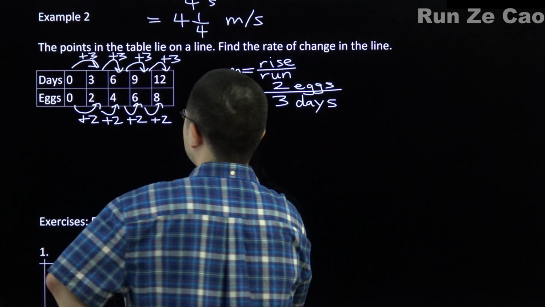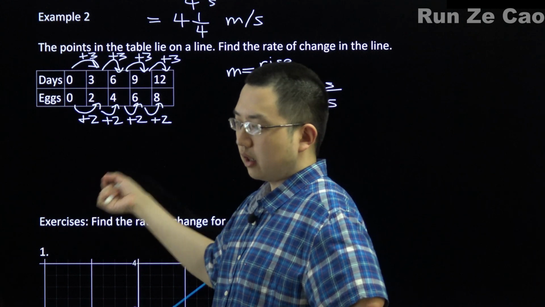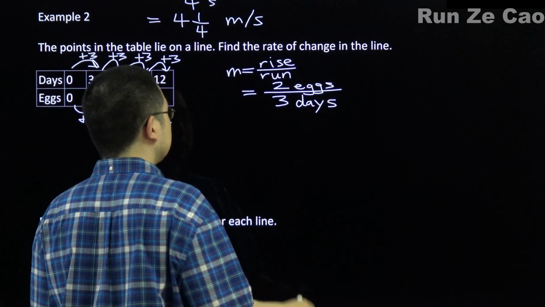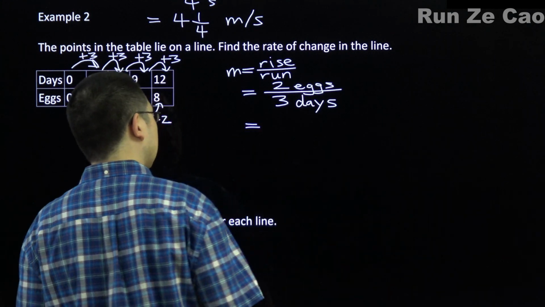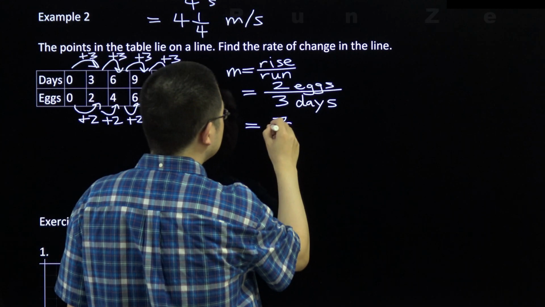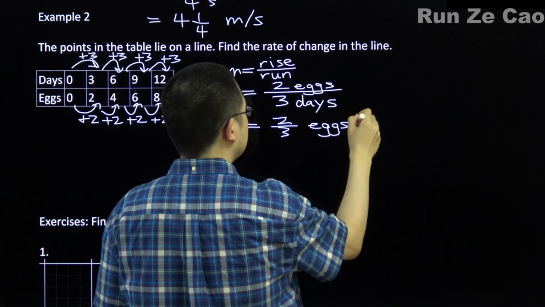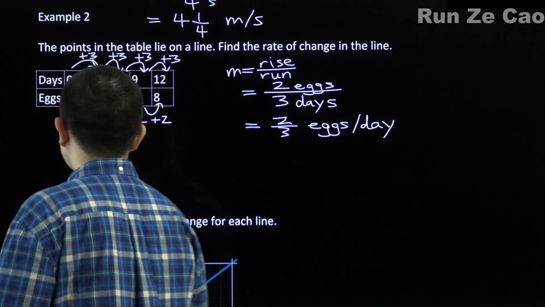That's the increment by which the data point has moved between each day. Well, each listed day. So we can say that this is 2/3 eggs per day. This is the rate of change of the line.